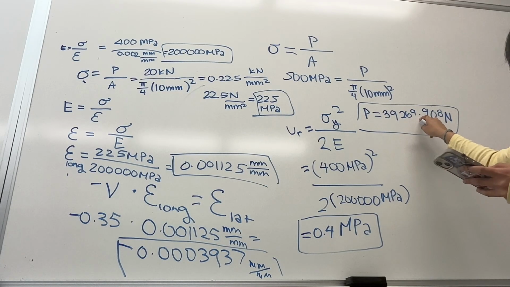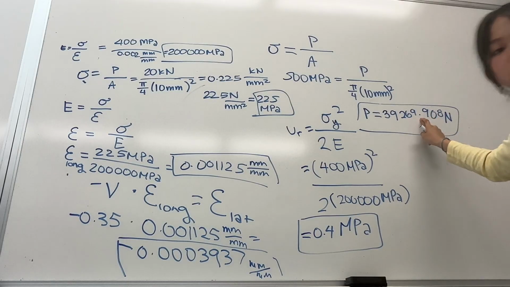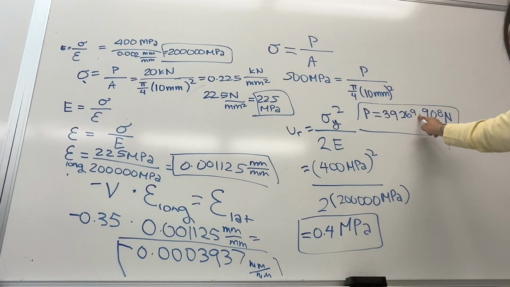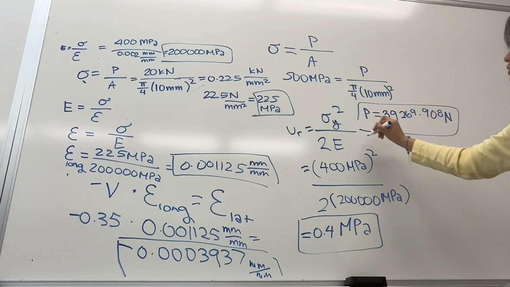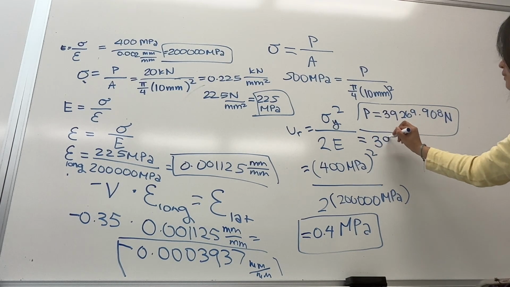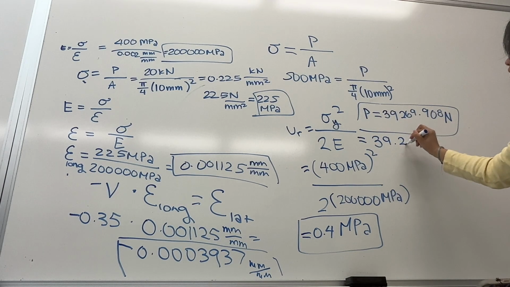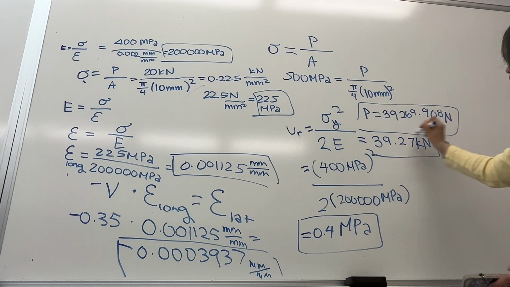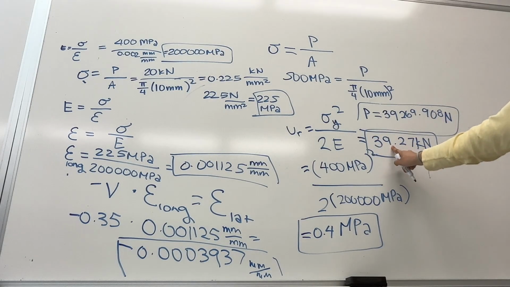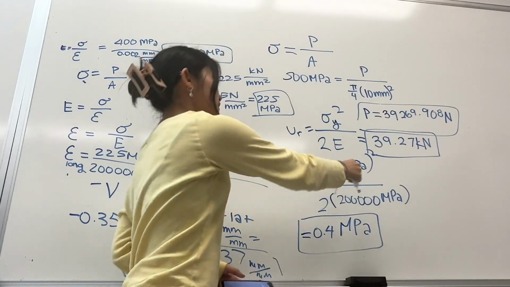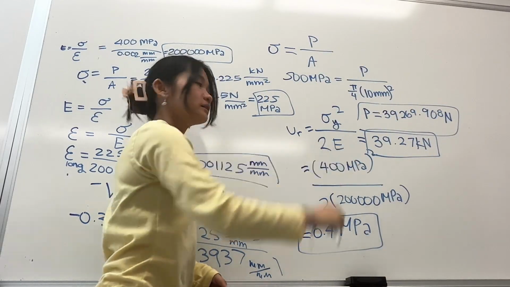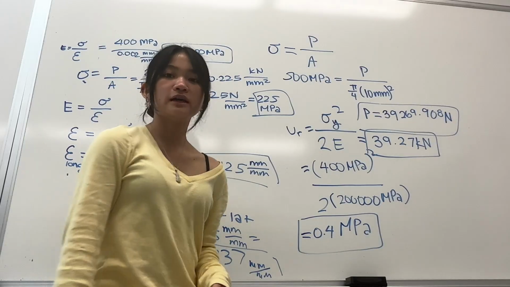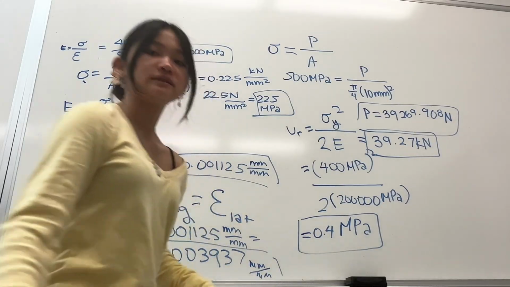So if we wanted to change this to kilonewtons, we would move our decimal place 3 spaces to the left, which would be 39.27 kilonewtons. So that is our maximum tensile force. And that's it for this problem.